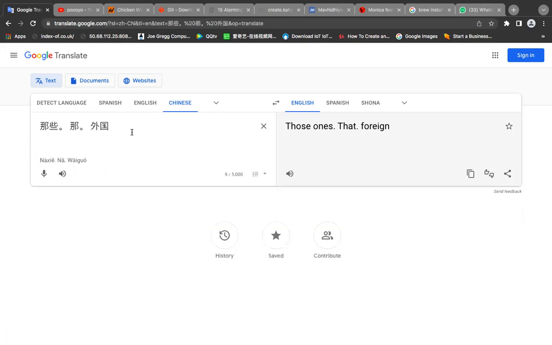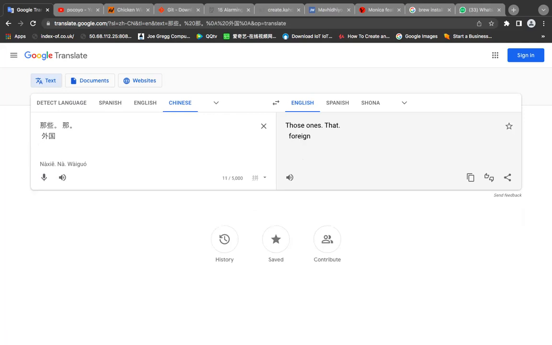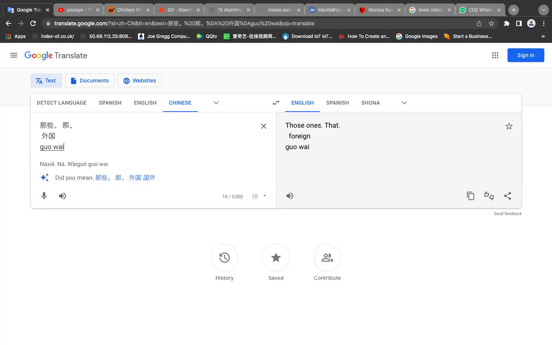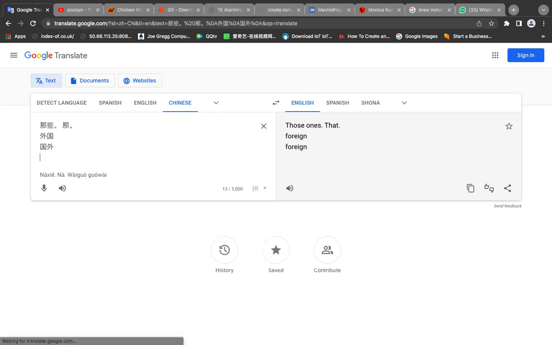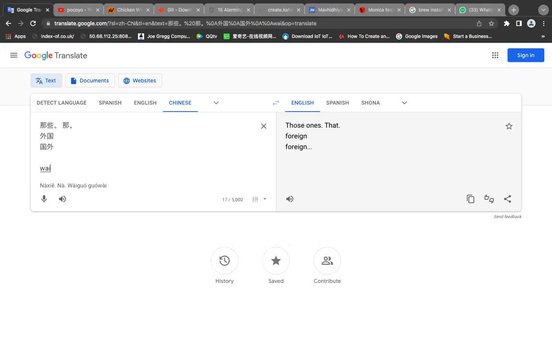And we also did go away, external. Oh, that's the one. It looks the same every time. So this wai is the outside part that we're looking for.